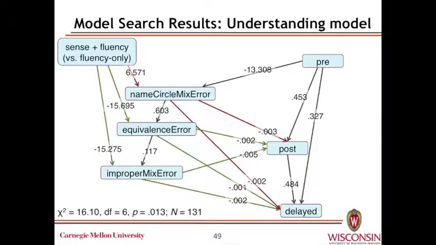And here I marked all the paths that essentially show a positive effect of condition on the post-test and delayed post-test in green, and all the negative effects, negative mediations, in red. What's interesting is we have one negative effect here going through the name circle mixed error.